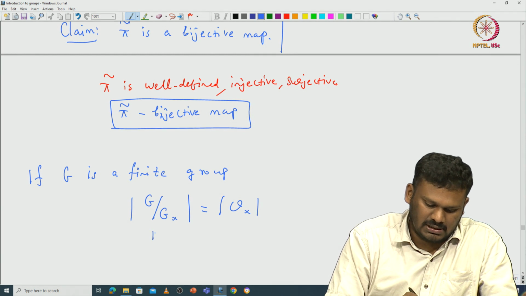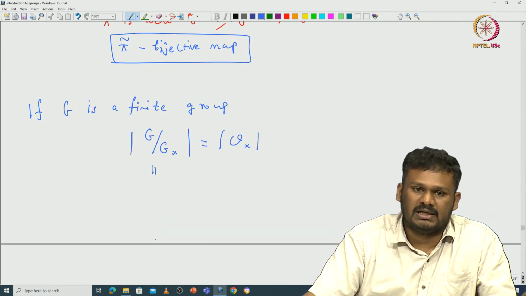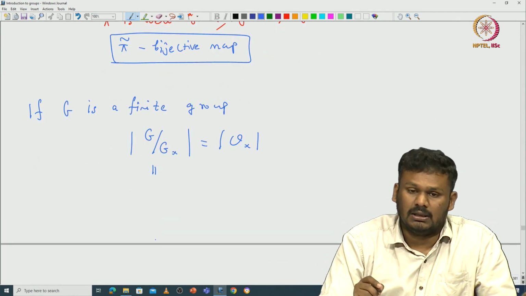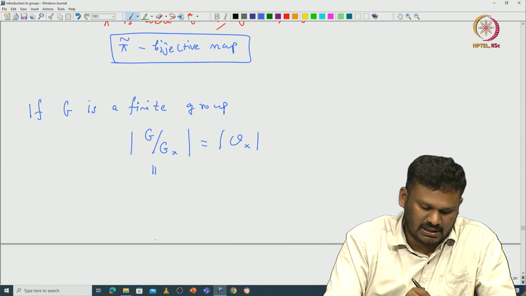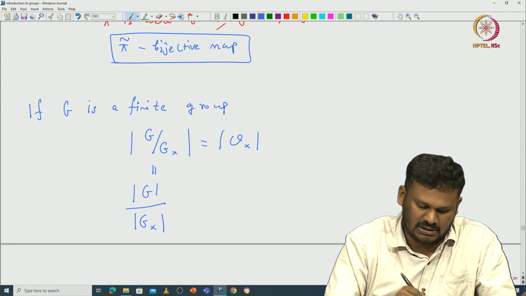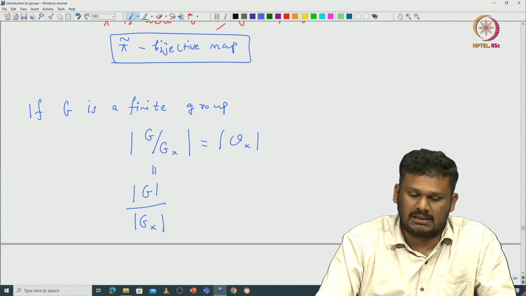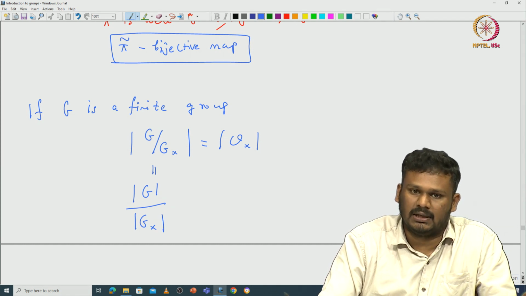Since G is a finite group, using Lagrange's theorem we can see that the cardinality of G modulo Gx is nothing but the index of Gx inside G, which is exactly the cardinality of G divided by the cardinality of Gx. So this tells us how to compute the cardinality of the orbit.